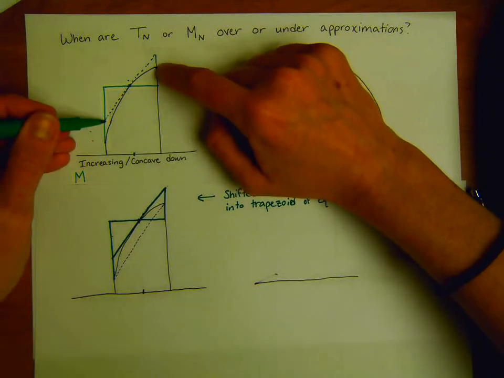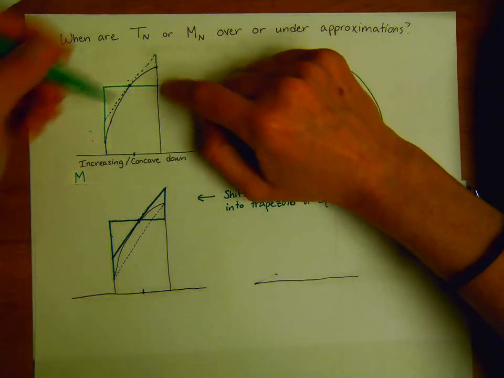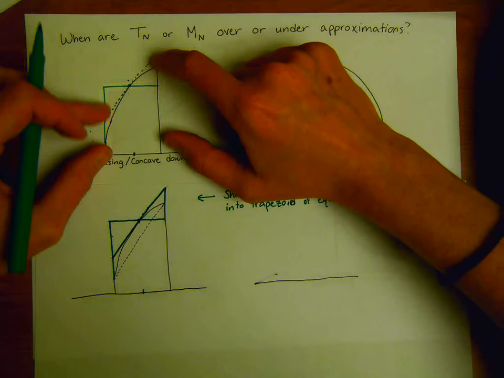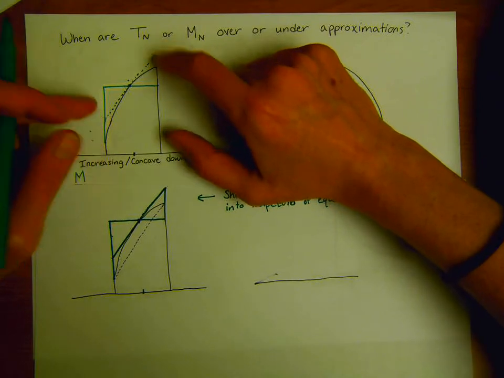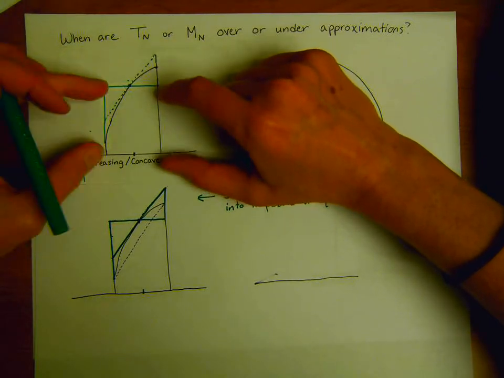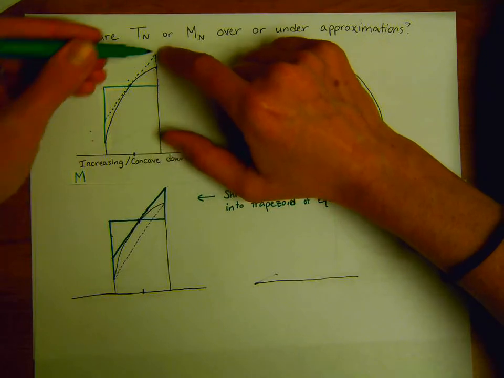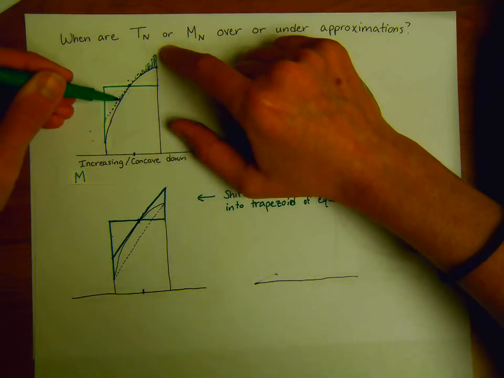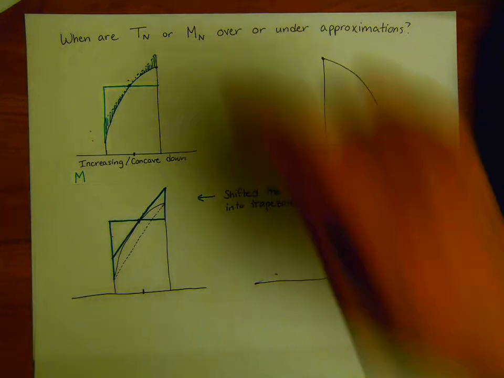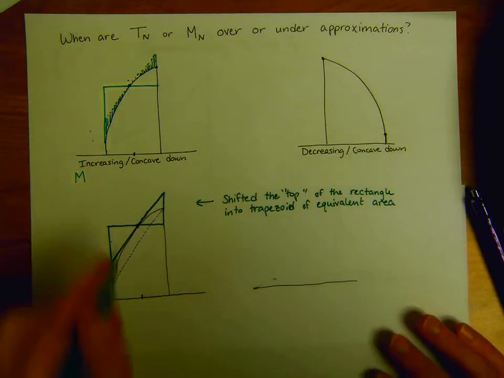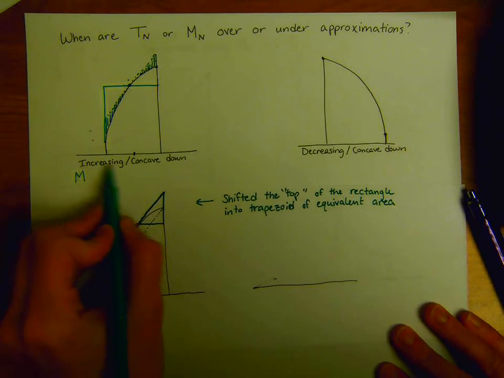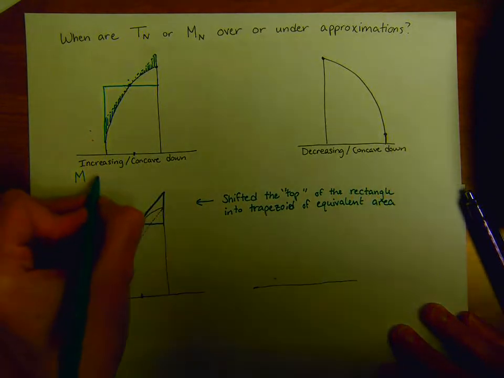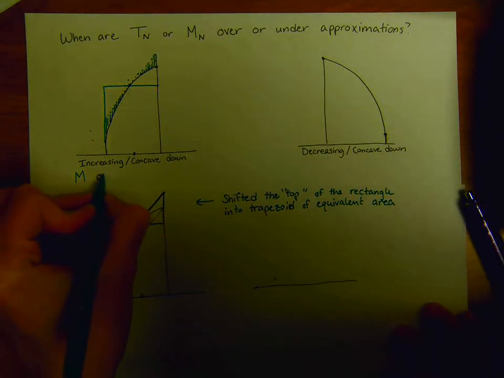And we see that it's going to be an over approximation because when I shift this into a trapezoid, the area is the same as my midpoint area, but I have this extra up here, and I also have this extra down here that I only have extra. So we found out that the midpoint approximation for an increasing concave down function is going to be an over approximation.